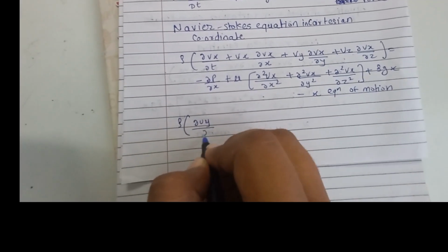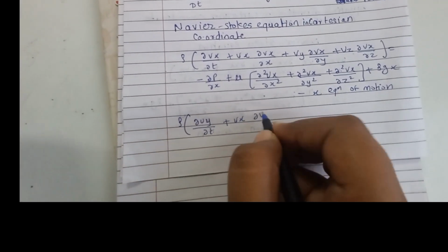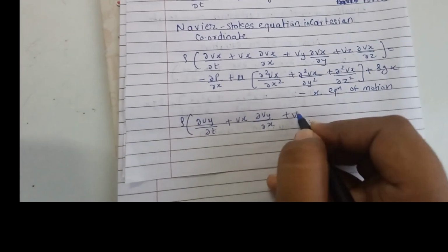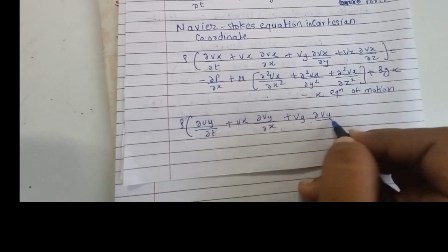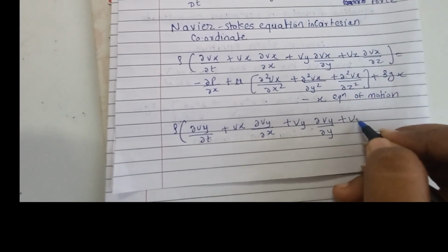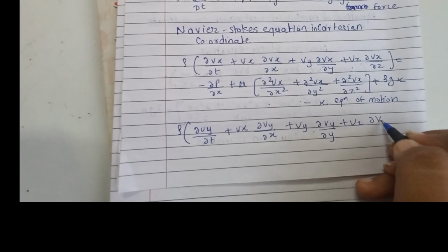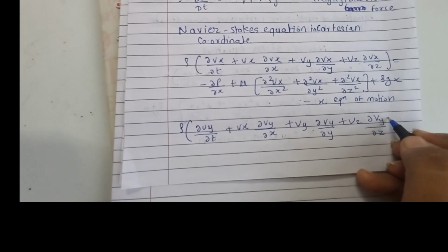Similarly, we can write the y equation of motion and the z equation of motion. Y equation of motion: density into del Vy upon del t plus Vx into del Vy upon del x plus Vy into del Vy upon del y plus Vz into del Vy upon del z. That is the left hand side term.